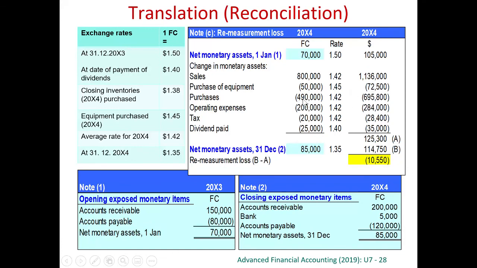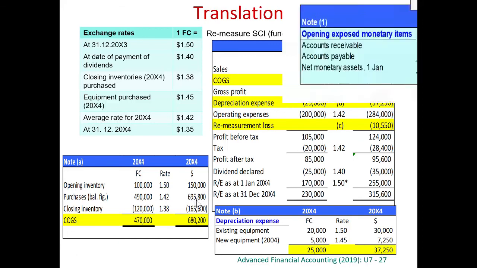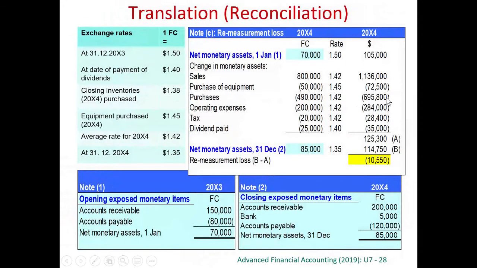And you have purchased something else. You have purchased the inventory. When we purchase the inventory, right, 490,000, you have translated it using the average rate. So therefore, 695,800 monetary assets go down. The same for the operating expense, taxation, and dividends.